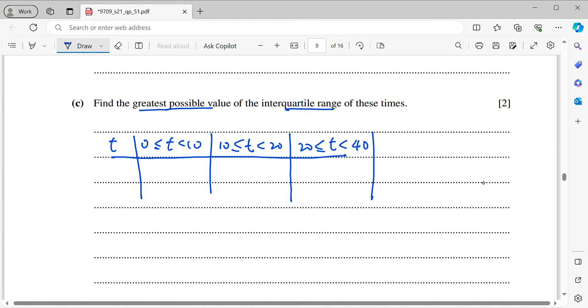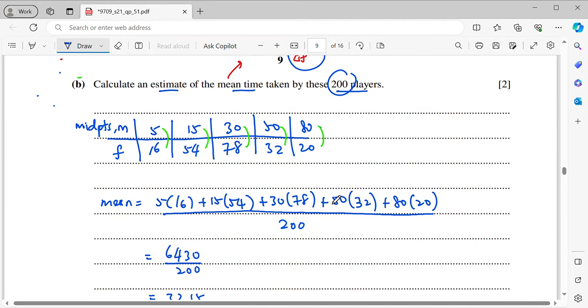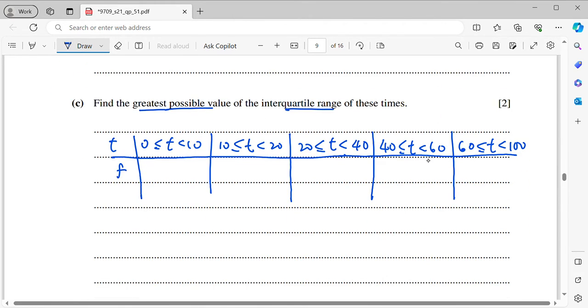First two, next two will be 20, then the last one will be 40. Then for the F, refer back to the previous table, 16, 54, 78, 32, and 20. Just rewrite.